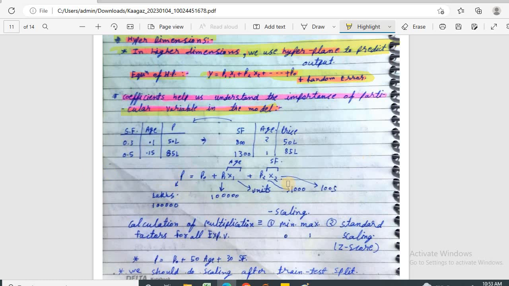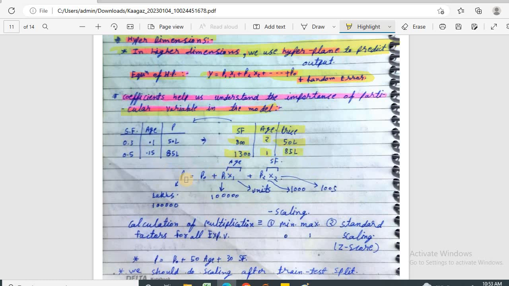Now let's suppose we have square footage, age and price. One house has an area of 800 square feet and is 2 years old, and the price is 50 lakh. Another house has 1300 square feet, is only 1 year old, and the price is 85 lakhs.